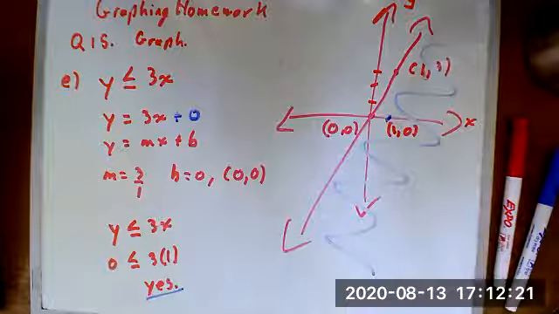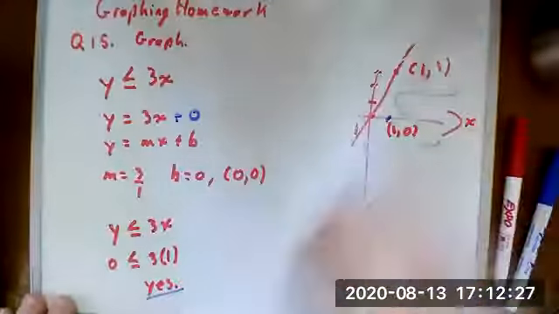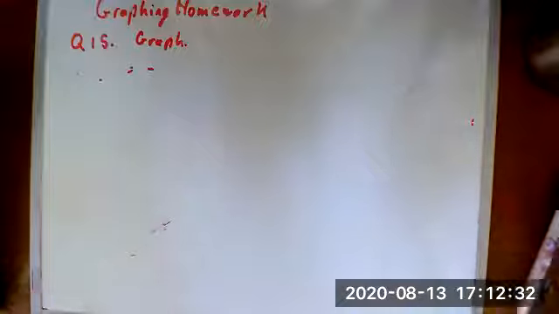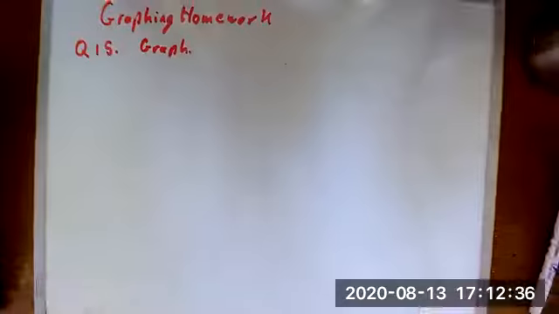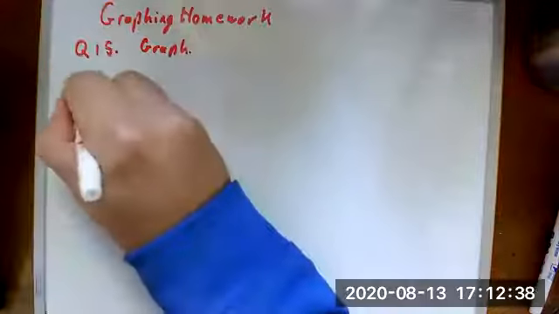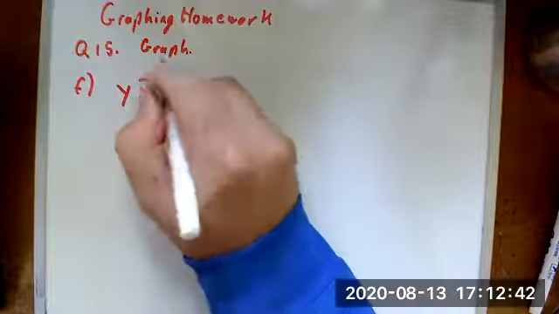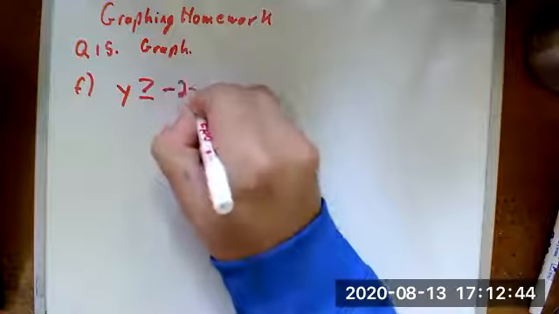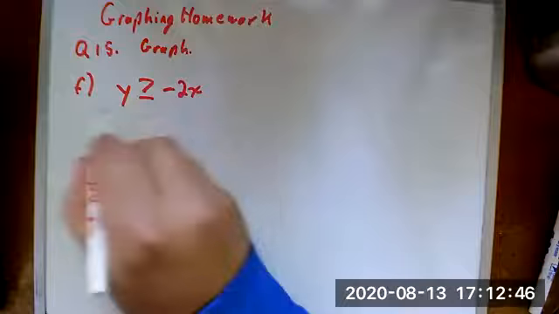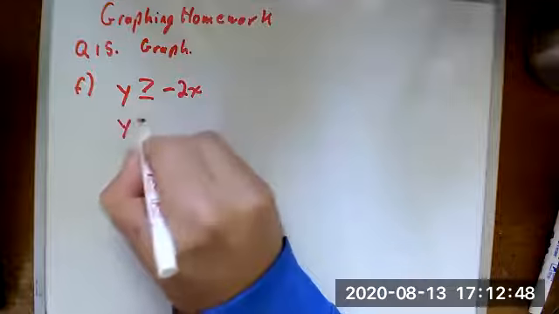Another one very similar, and then we will be through question 15. F is asking us for y less than or equal to -2x. Same situation. We're still in y equals mx plus b form.